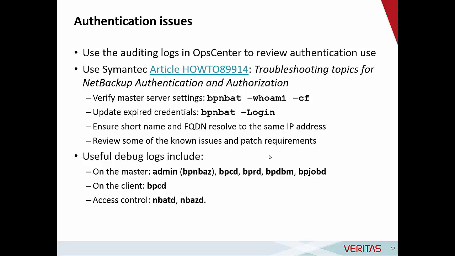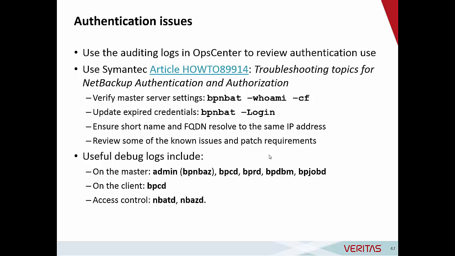Now, if you are using NBAC, that means that you've locked down on users and groups and probably set some specific restrictions on which actions specific users are able to do. So it means that folks are logging into the server oftentimes with an identity other than root. And so the bpnbat command is used to log in at the command line level to identify who you are and to determine what your permissions are.